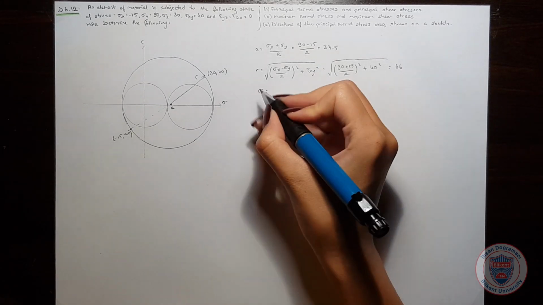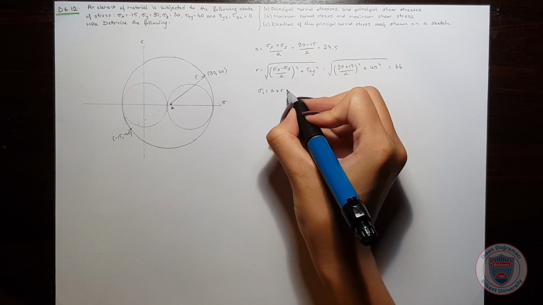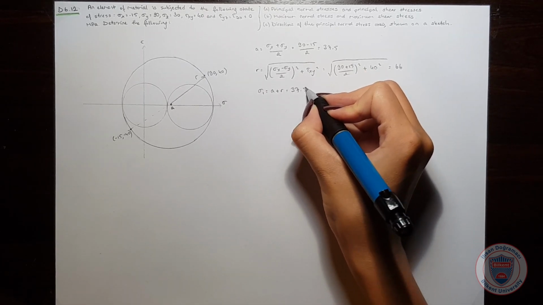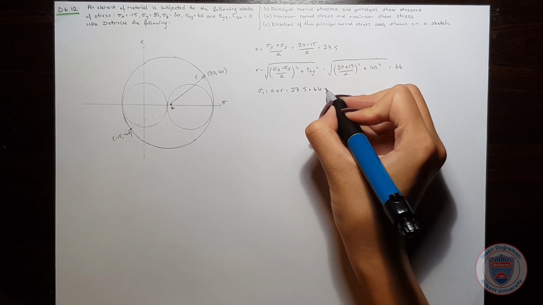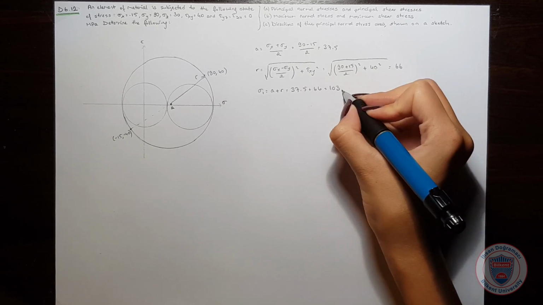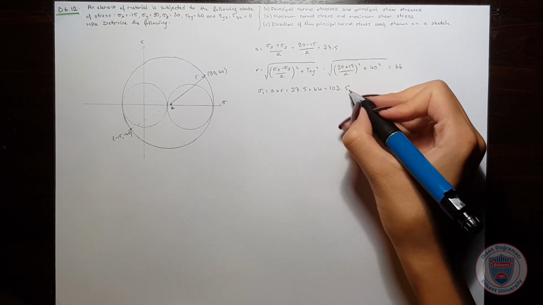Sigma 1 will be equal to A plus R. This means it will be equal to 37.5 plus 66, and it is 103.5 MPa.